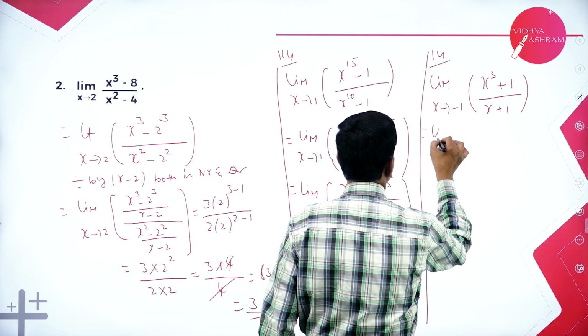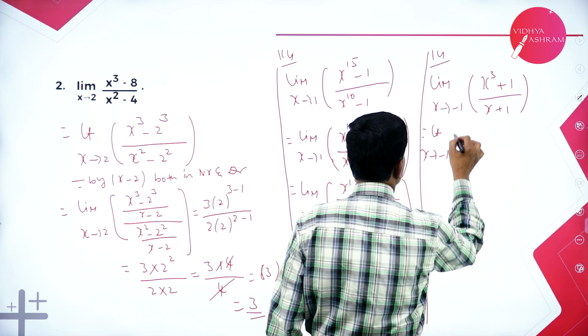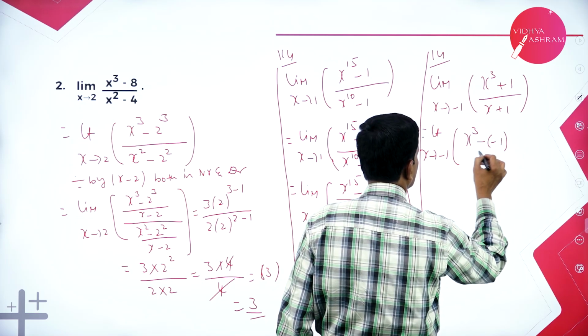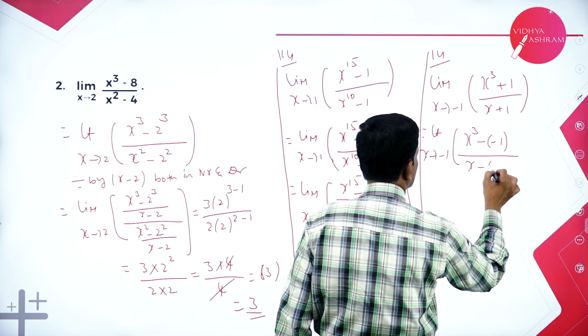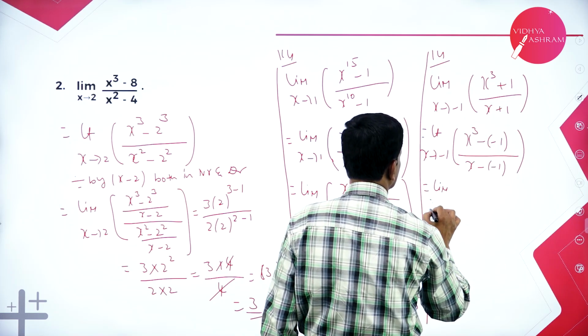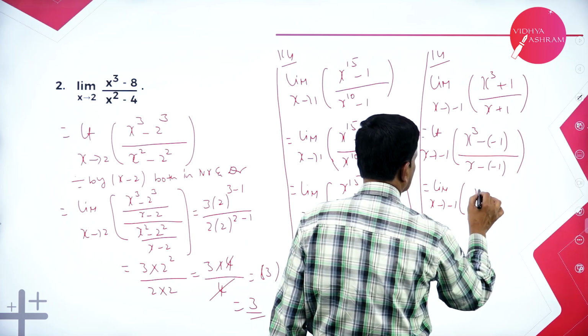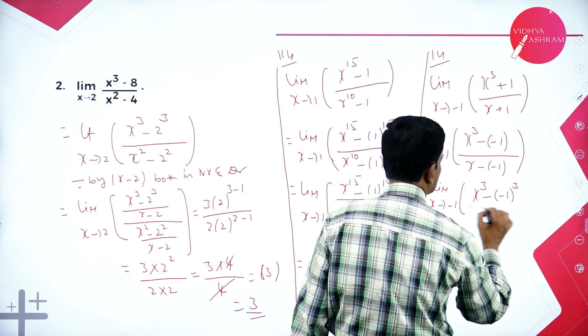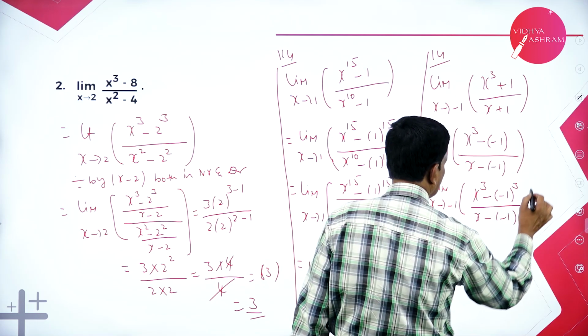So this can be written as limit x tends to minus 1 of x cube minus of minus 1 divided by x minus of minus 1. Minus into minus is plus. So limit x tends to minus 1 of x cube minus (minus 1) whole cube divided by x minus (minus 1).